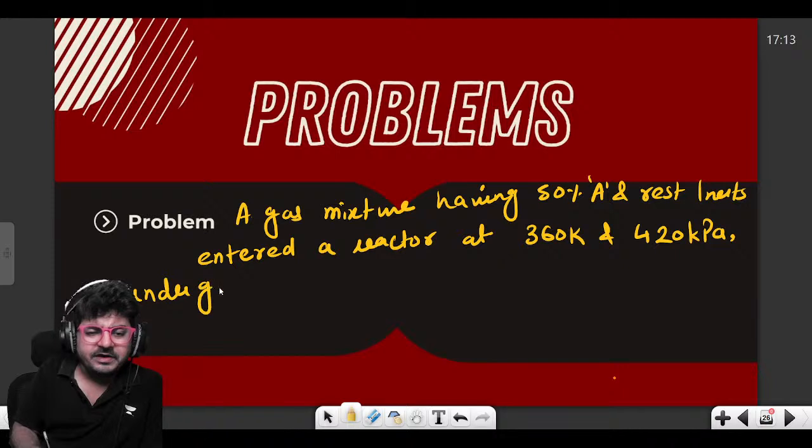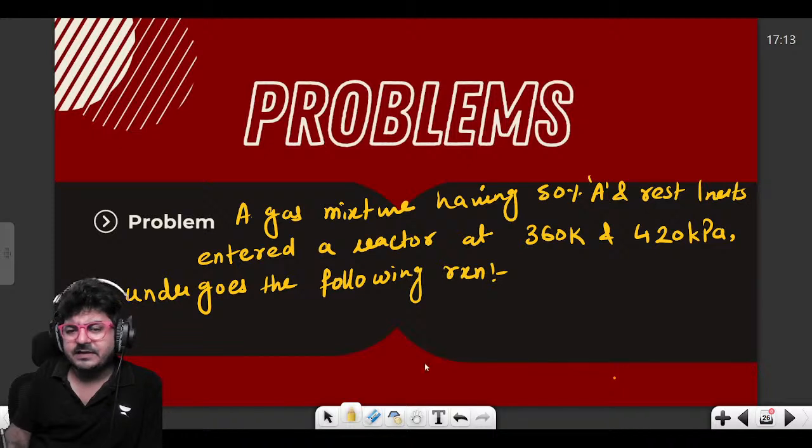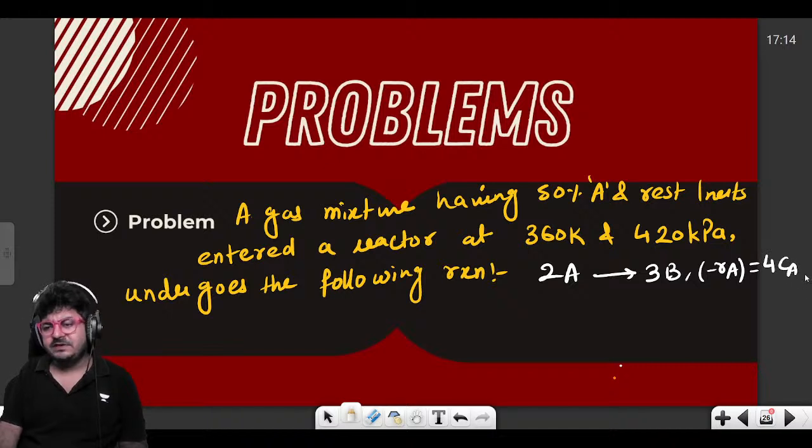Undergoes the following reaction. Reaction is like 2A gives 3B and having minus Ra is equal to 4 Ca.